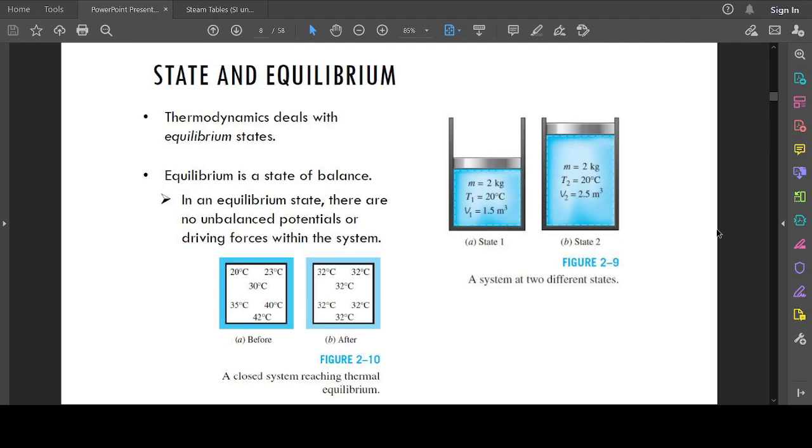But after a period of time, the temperature becomes uniform. And when the temperature reading is uniform across the system, then we can refer to this as having reached a state of thermal equilibrium.